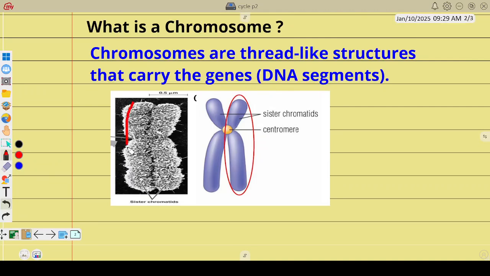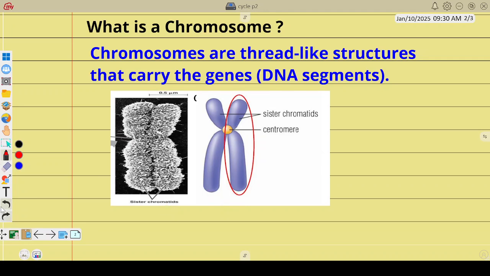A chromosome is made up of 2 parts: one chromatid and another chromatid. A clear diagram is this one, which you should be able to see under a microscope. These two are called sister chromatids.